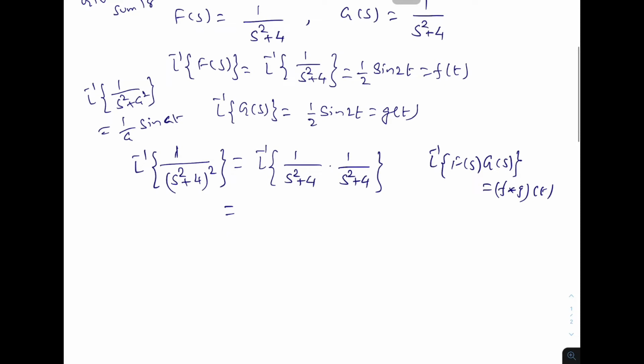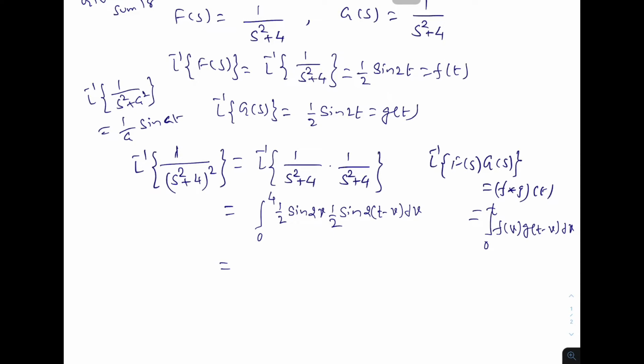That is the integral from 0 to t of f(v) g(t minus v) dv, which is the integral of 1 over 2 sin 2v times 1 over 2 sin 2(t minus v) dv.